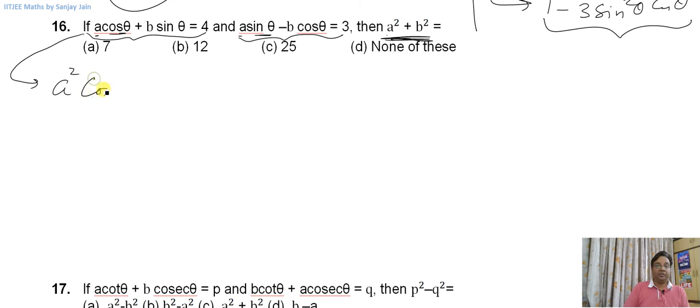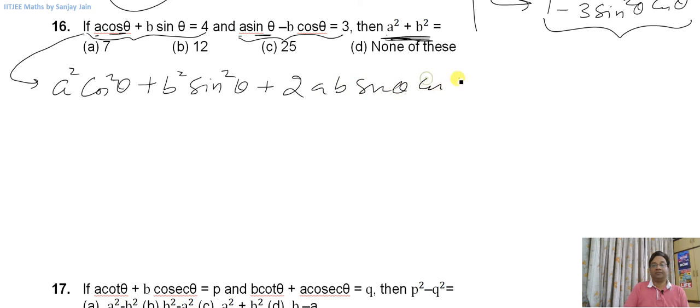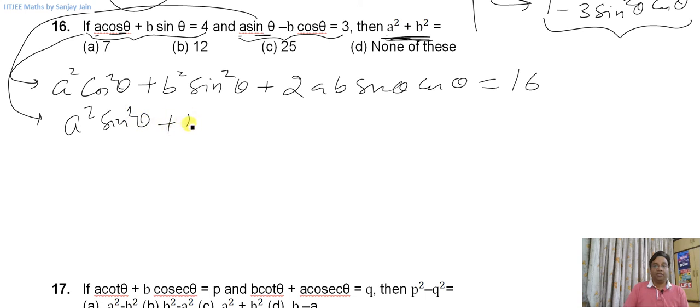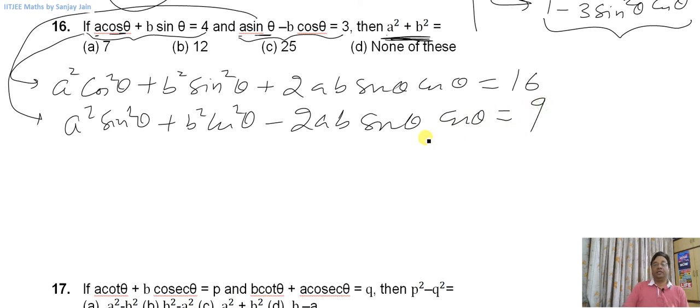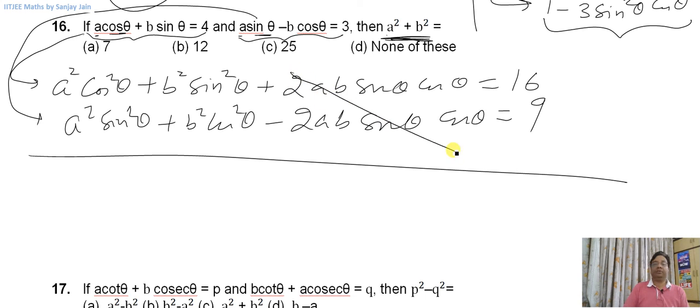It will become a square cos square theta plus b square sine square theta plus 2ab sine theta cos theta, and on the right hand side I've got 16. When I square this one, I'll have a square sine square theta plus b square cos square theta minus 2ab sine theta cos theta, and on the right hand side I'll have 9. Now if I add these two expressions, this will be cancelled, and from the first terms I'll have a square common.